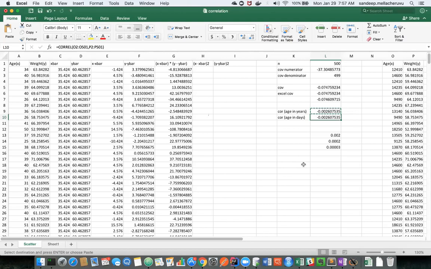Your computer cannot say whether the scatter plot is parallel to the x-axis or not. Is that clear? Any questions? Fine, Sandeep. Cool.